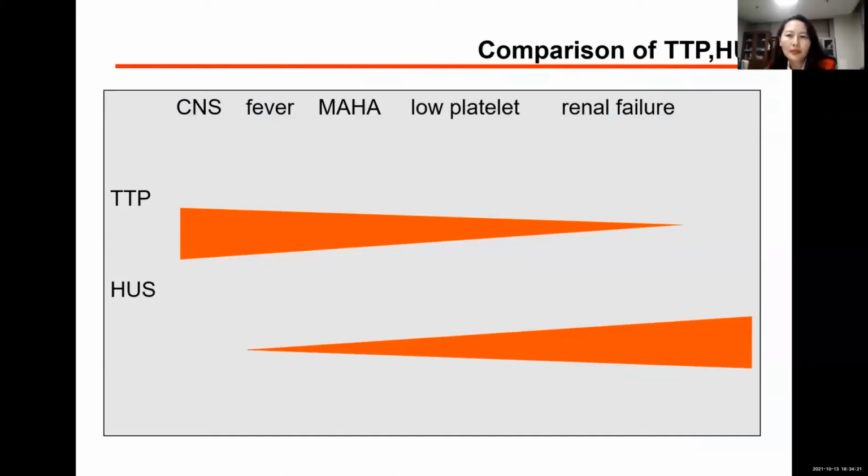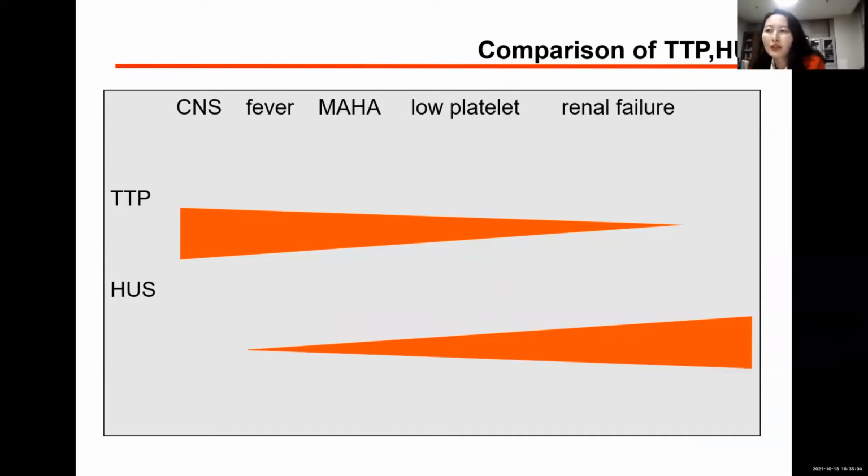This is a comparison of TTP and HUS. HUS presents very similar to TTP, with acute renal failure, microangiopathic hemolytic anemia, and thrombocytopenia. Clinically, it may appear to be TTP limited to the kidney, but the pathogenetic mechanism and the treatment may be different from TTP.